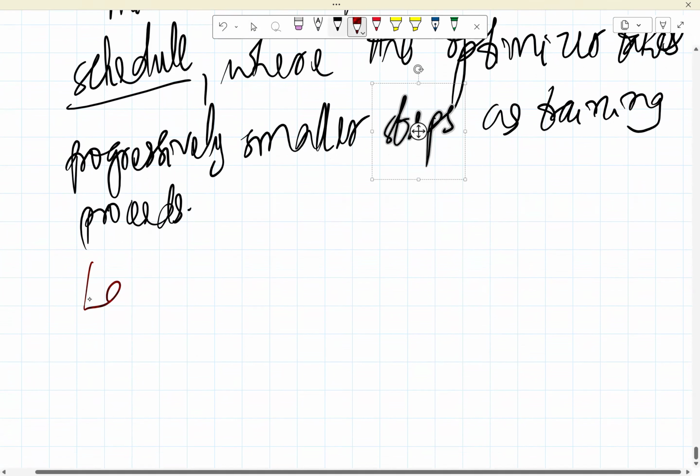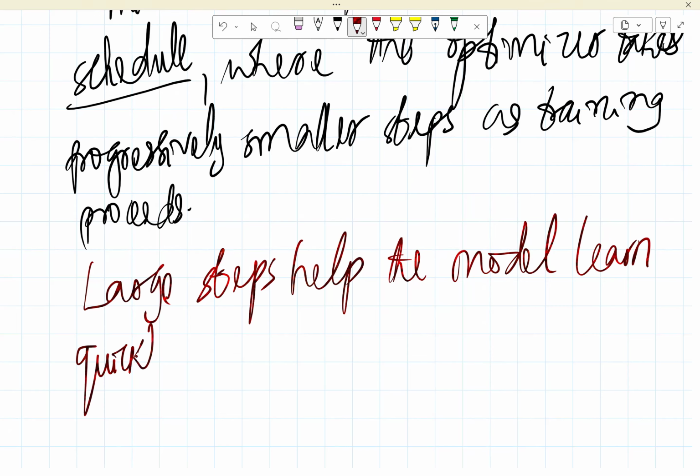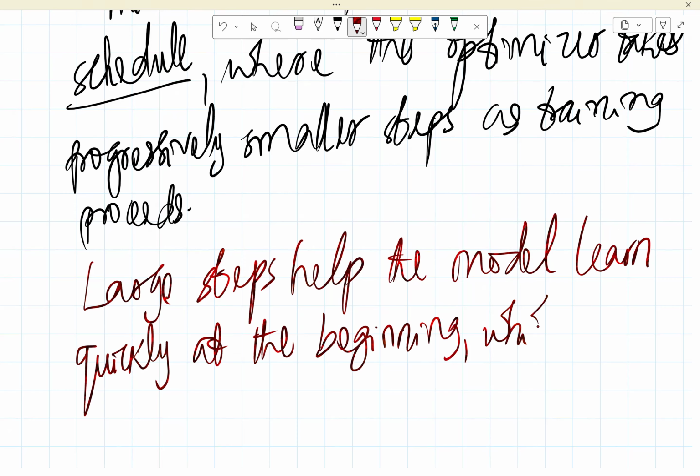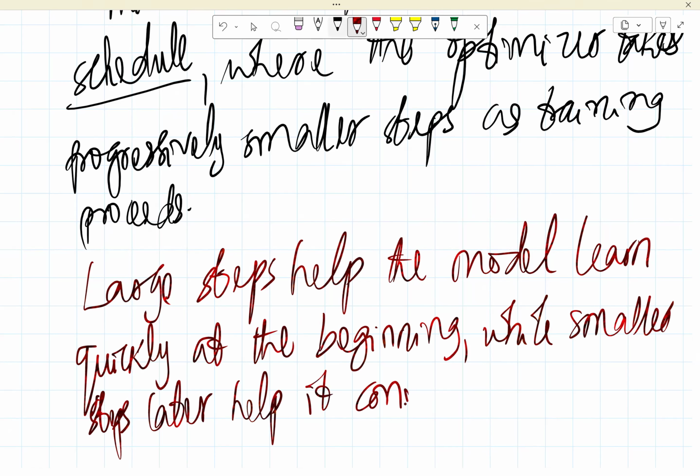So we see that large steps help the model learn quickly at the beginning, while smaller steps later help it converge more smoothly.